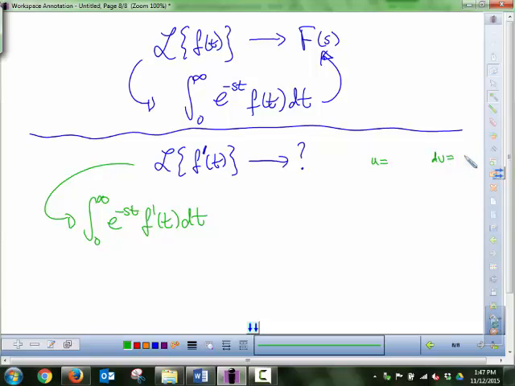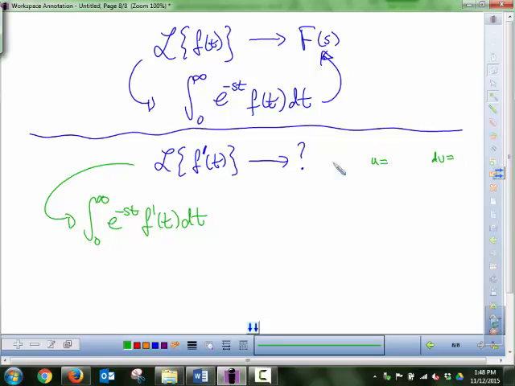Now, f is some arbitrary function that I don't know, so I'm probably not going to be able to get rid of f or f prime here. But what if I take the antiderivative of that?